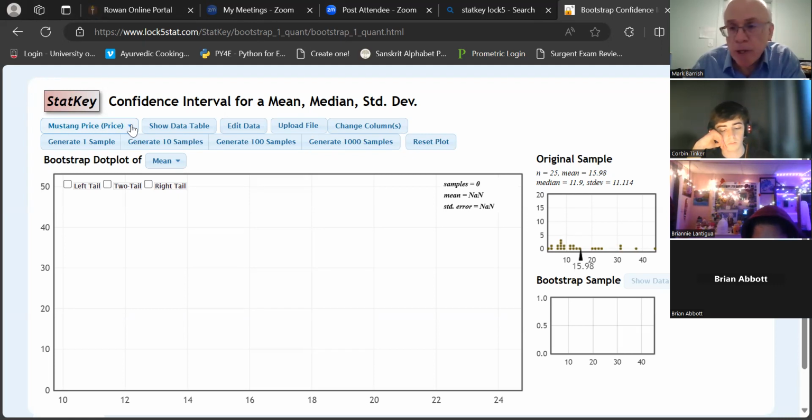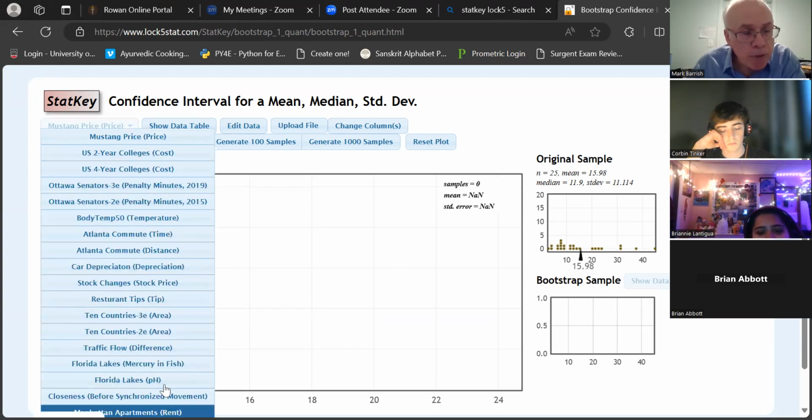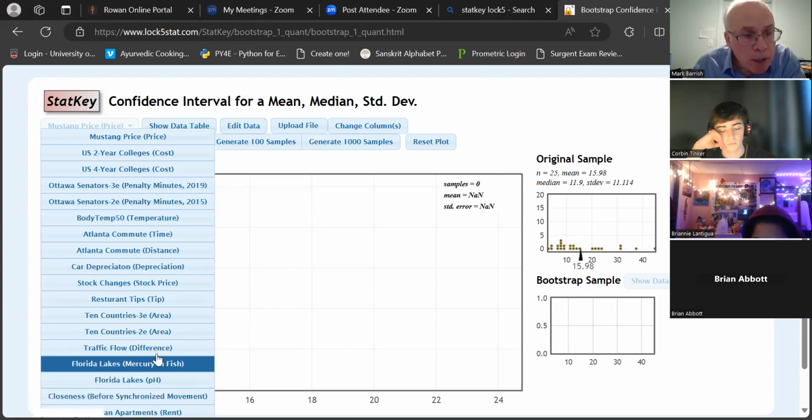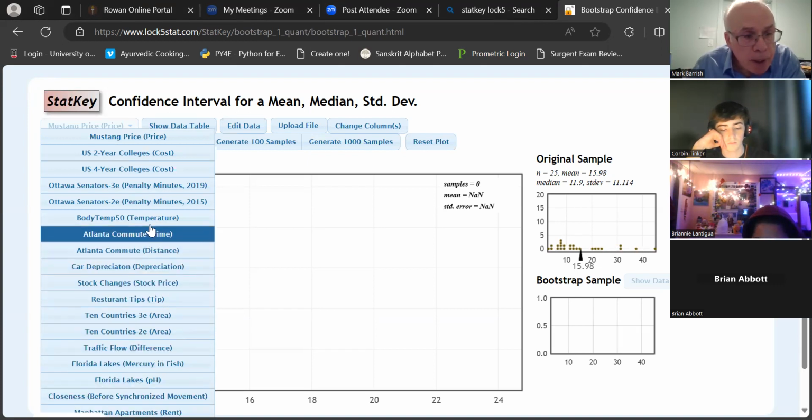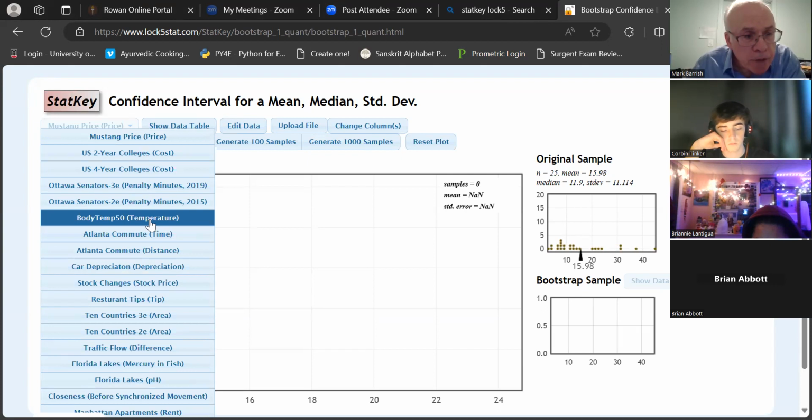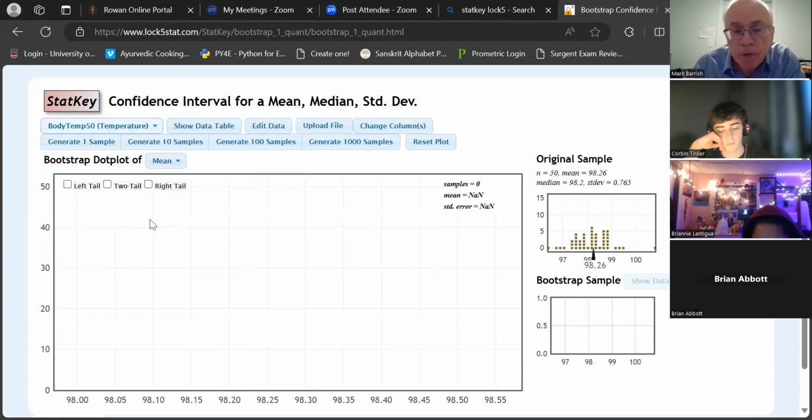You'll see these data sets in the part of StatKey that has all the Excel files. But here are the ones that are actually downloaded. And let me pick one. Let's pick the body temperature one. Let's look at that one. Yeah, this one will be good. So here's 50 body temperatures that were taken, I guess, of human beings.